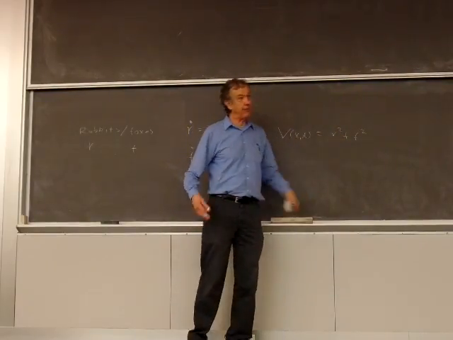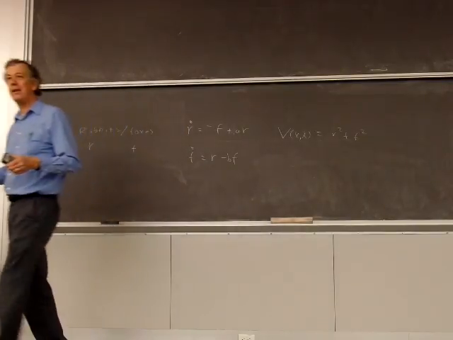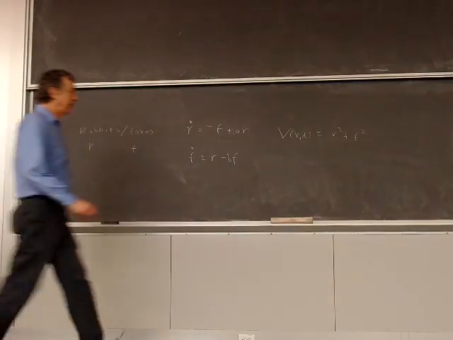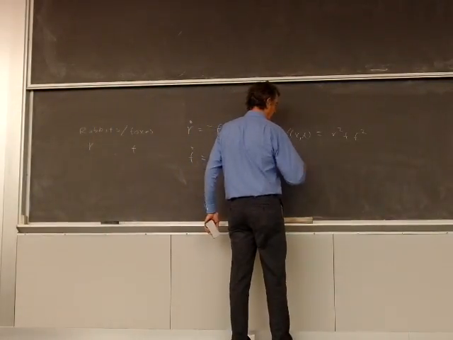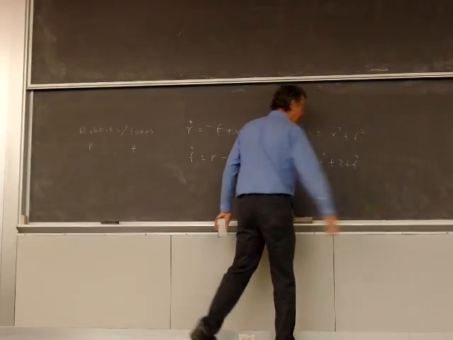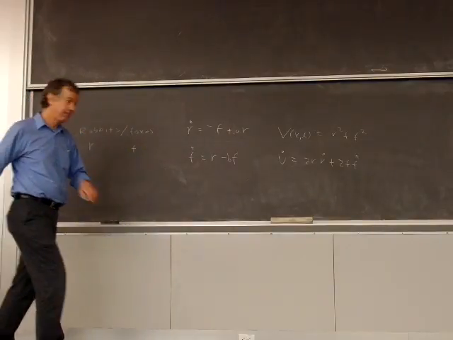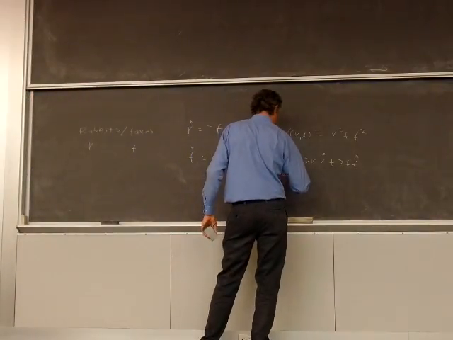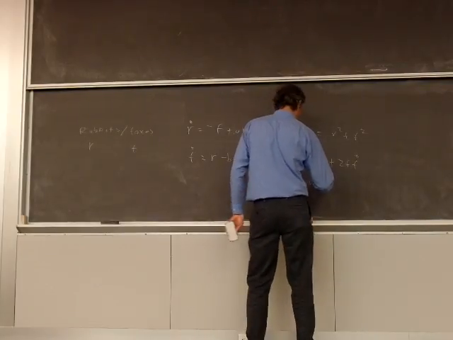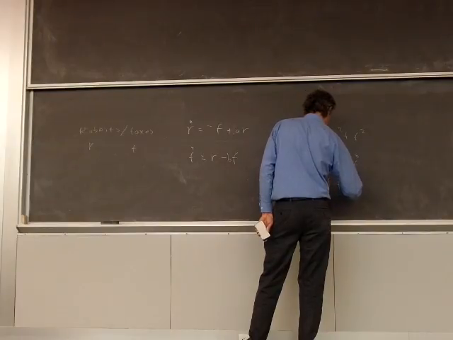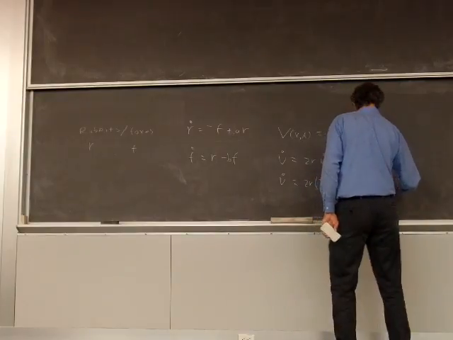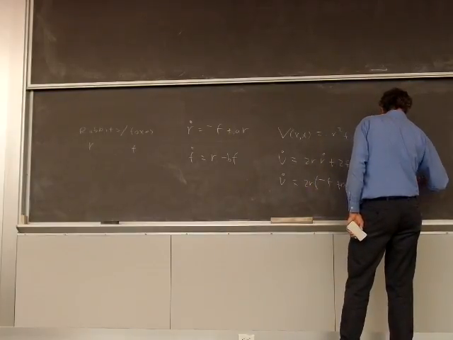Mathematically you can have negative rabbits and negative foxes, but it's always positive. The derivative of this is what? R dot, F dot. Put in our state equations. I have 2R times minus F plus A times R, plus 2F times R minus BF.